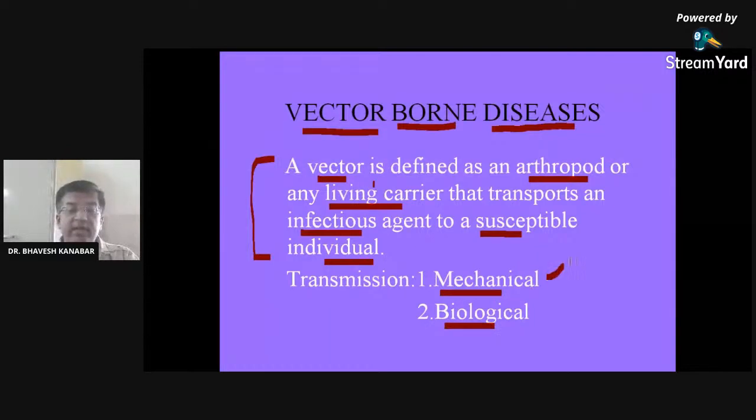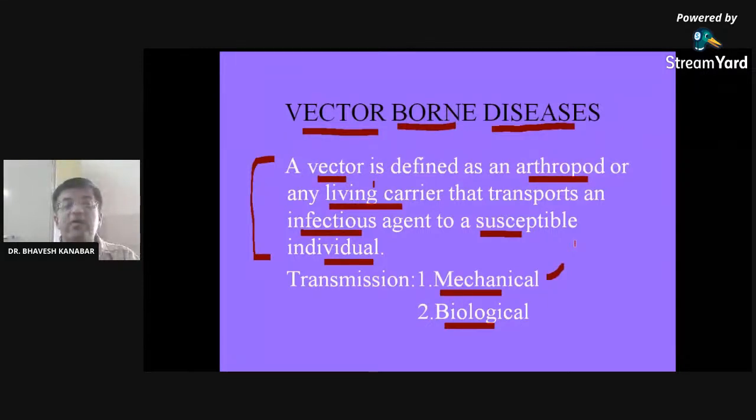For example, mechanically, the housefly sits on waste, particularly food waste or garbage. The organisms responsible for GIT infections, like Vibrio cholerae and Salmonella typhi, get attached to the body of the housefly, particularly its legs. Then whenever this housefly comes to our kitchen food or any food we eat, it rests over that and transmits the microorganism, staphylococci or Vibrio cholerae, to our food.